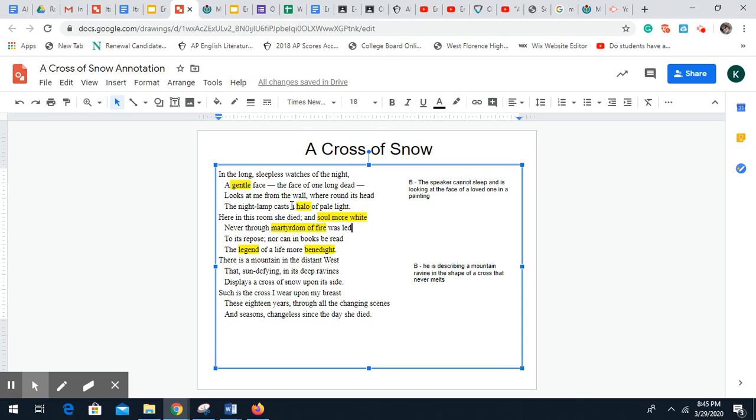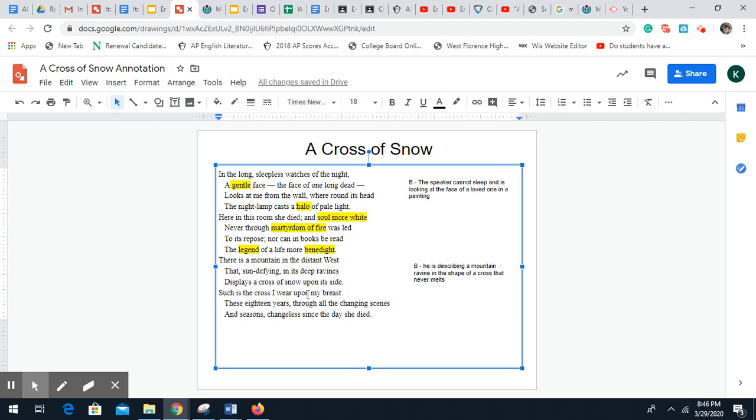So all of these words, if you look at them all together, it really shows his love for her, his feelings of her being just this wonderful, gentle, pure, good soul. Okay, so this gives us an idea of how he was feeling. And if you think about those words, the fact that she died must have left a very big hole in his life.